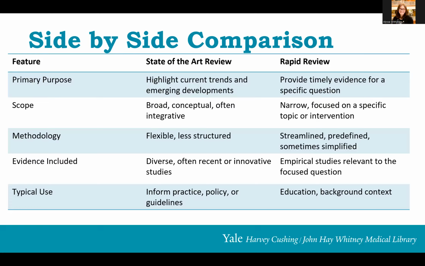So the time here is more focused on the methodology that you're using and not in relation to when the evidence was published in the literature. Think of it as exploring the frontier of a field versus getting fast, actionable answers.